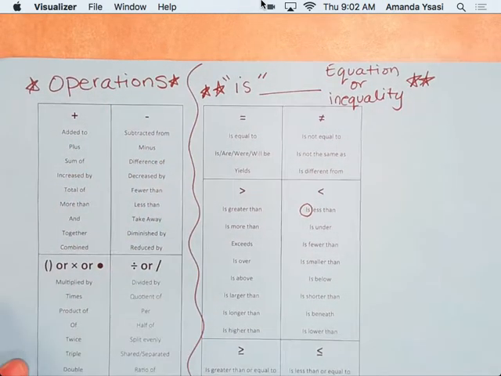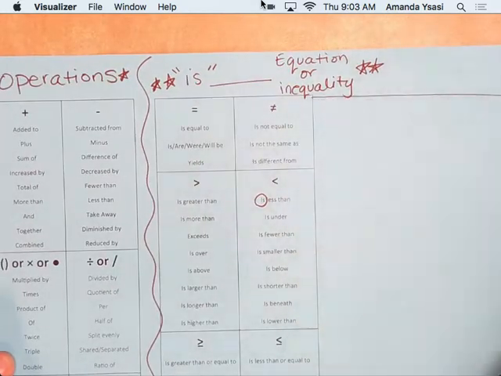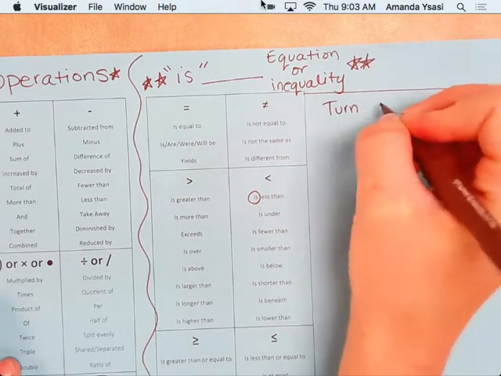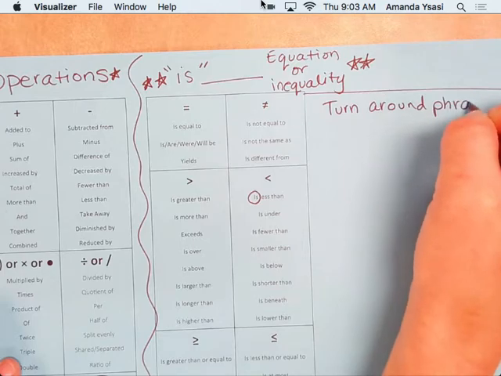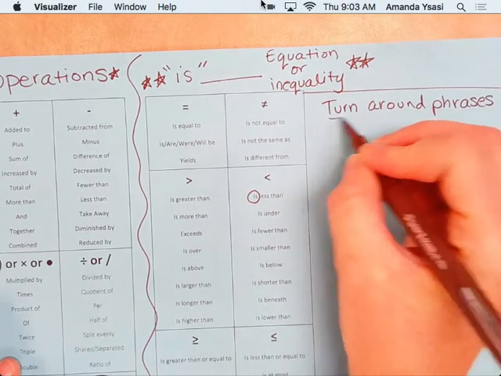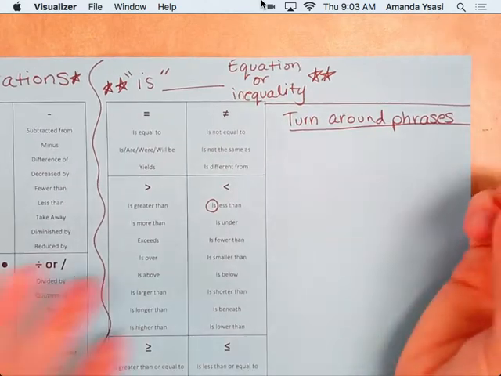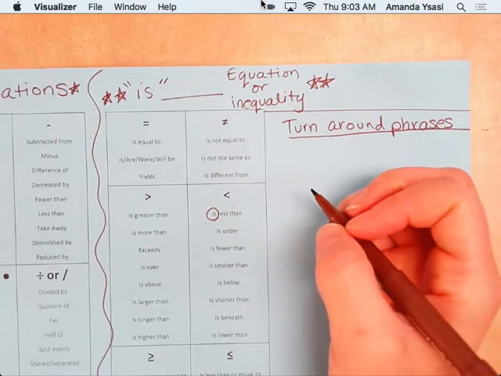But these are your operations. Okay, so turnaround phrases. That's where you turn around the numbers. So I'm going to give you an example of that.